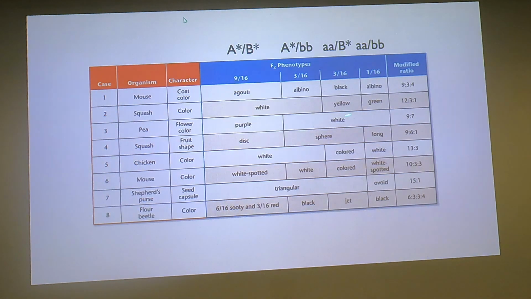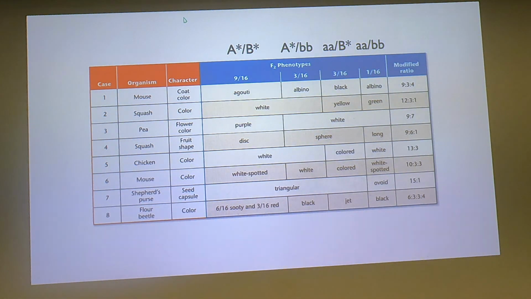Okay, those are all different hybrids here. And the ratio is 9/16 disc-shaped flattened, and 6/16 spherical, and 1/16 really long. How do you explain that?